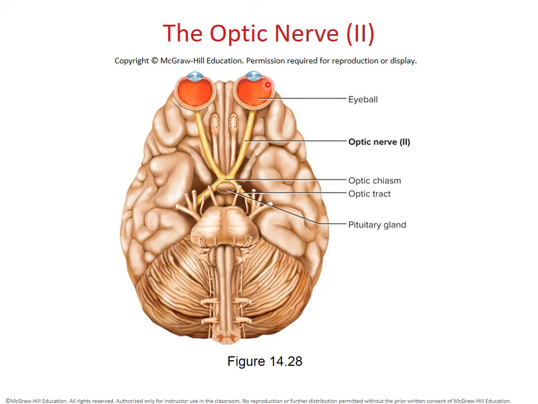The lateral portion of what falls on the retina on the right side goes to the right side of the brain. However, the portions or the images that fall on the medial side of the retina, they will cross over to the other side of the brain. And the same is true for the other eyeball as well. It will cross over. The medial image will cross over.